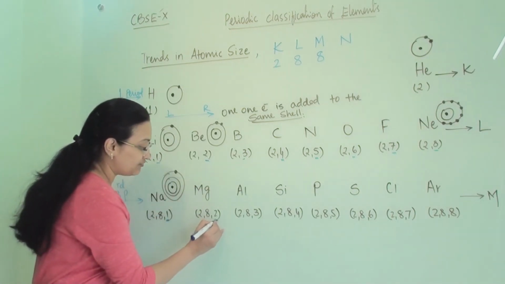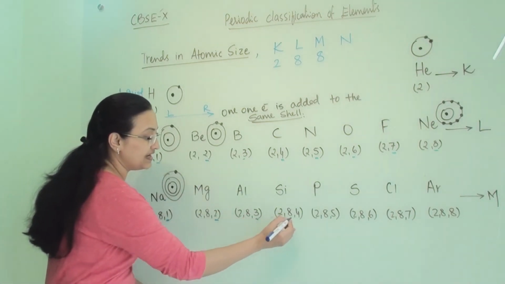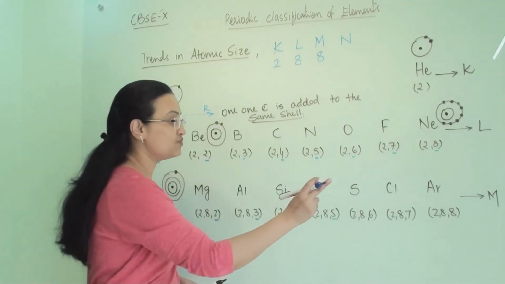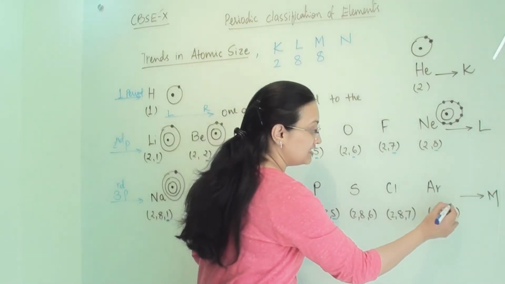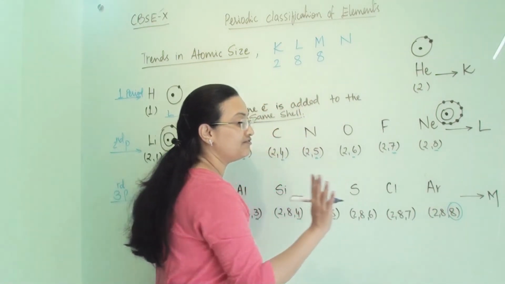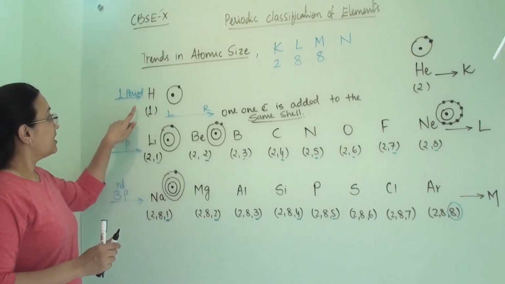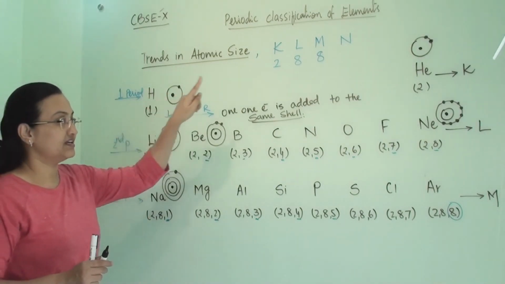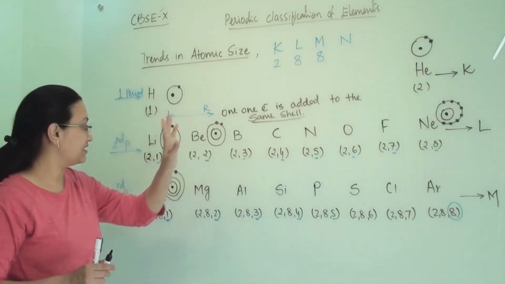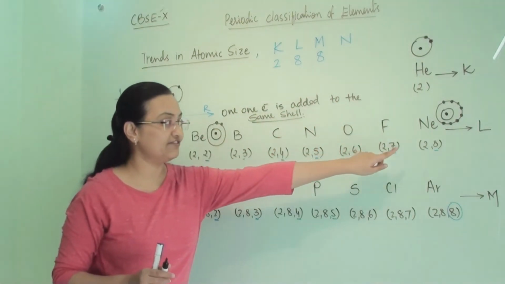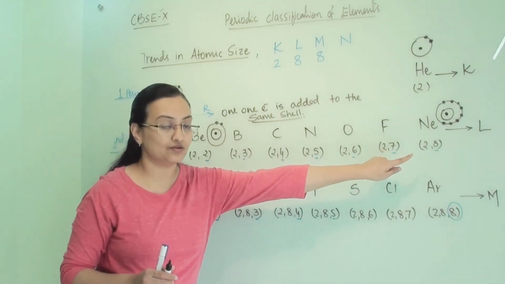As we are going from left to right, one electron is being added to the valence shell, and once we reach argon, the valence shell is completely filled with 8 electrons. So here the K shell has started, and it is completely filled with helium. The L shell has started, and that is completely filled once we reach the noble gas.